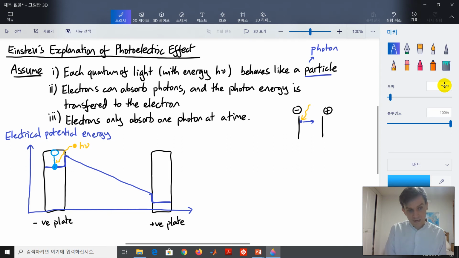And as long as this energy is greater than the height here, which is the energy benefit for the electron to go into the metal, then the electron will be able to escape. And it will lose potential energy down here, which means that kinetic energy will increase.